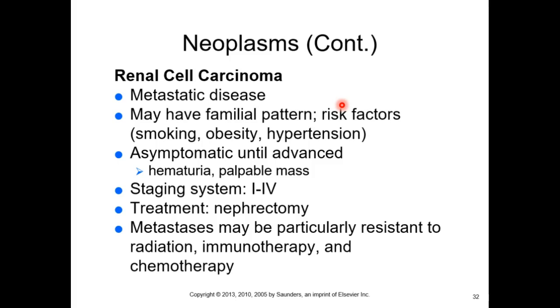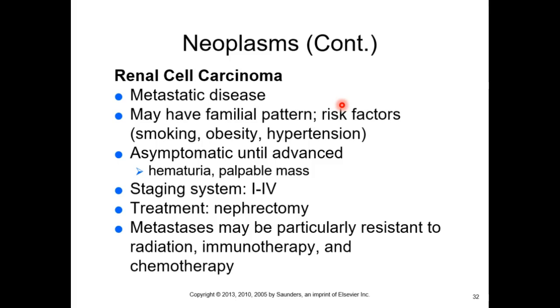Renal cell carcinomas, I actually got to see one of these recently at an autopsy. It is metastatic, that means it is a cancer. There does tend to be a familial basis for it. Problem with our renal cell carcinomas is they are asymptomatic until they are very advanced.